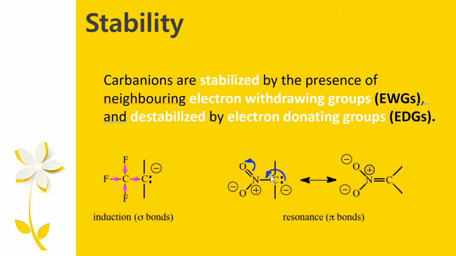So this pair of electrons here on the carbon, which forms the carbanion, is delocalized across these two bonds, right? So we're able to see two resonance structures or canonical forms here. So here we're showing how electron withdrawing groups are stabilizing our carbanion via induction as well as resonance.